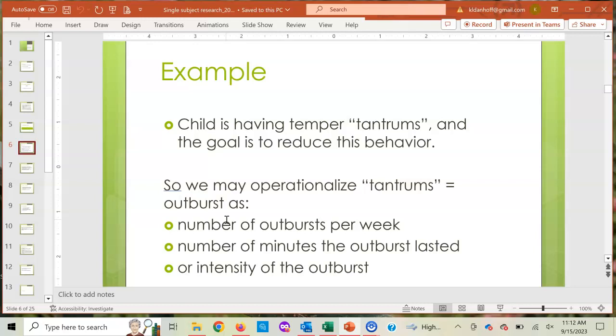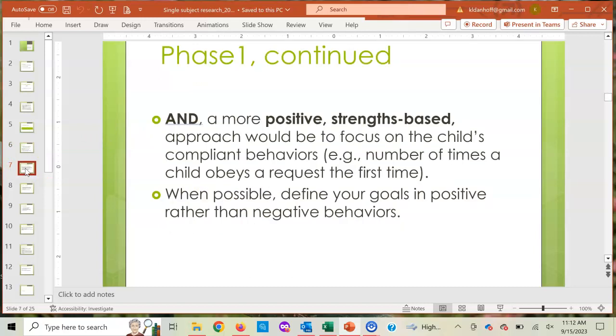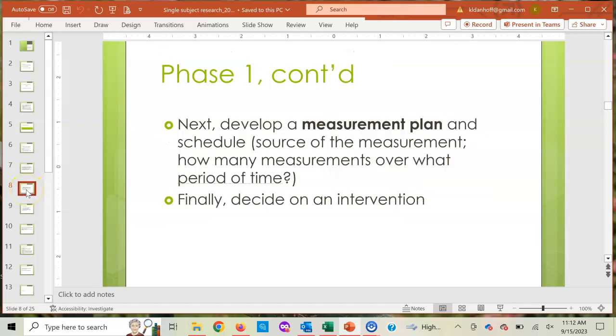The intensity is what we need to manage because it's becoming too much for parents and teachers. If we wanted a more positive strengths-based approach, maybe we focus on when the child is compliant, and really maximize the times when they are able to be redirected. Just to flip that on its head a little bit.